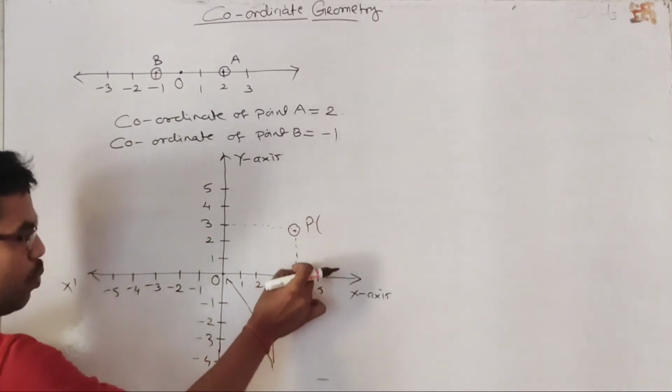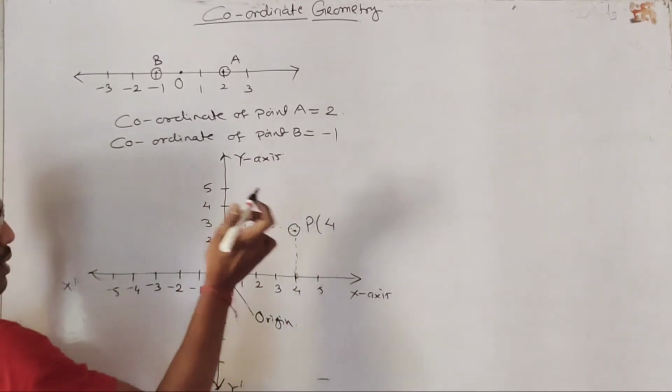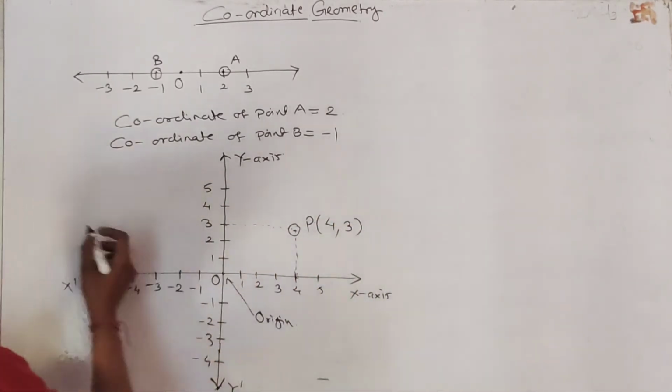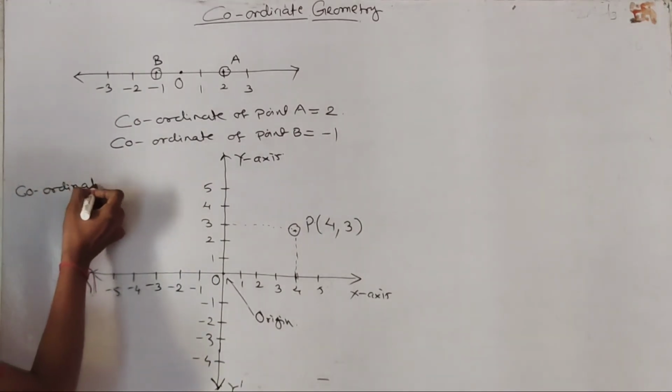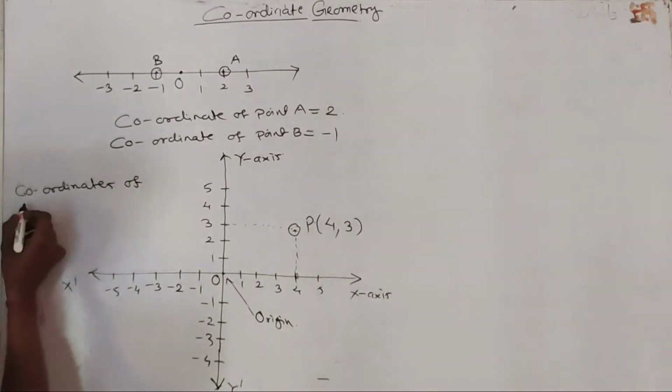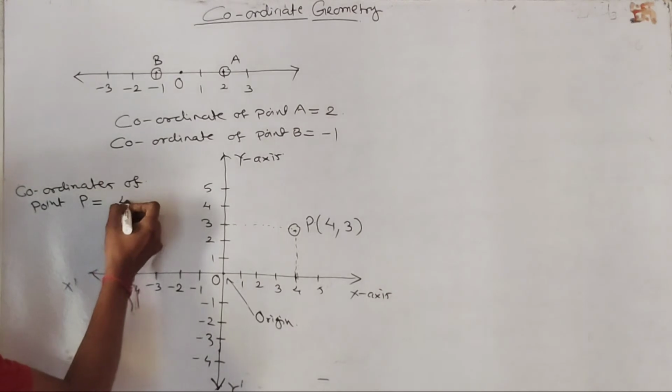So what is the coordinate of x-axis? 4 here, and here the coordinate of y-axis 3. So the coordinates of point P equal to 4, 3.